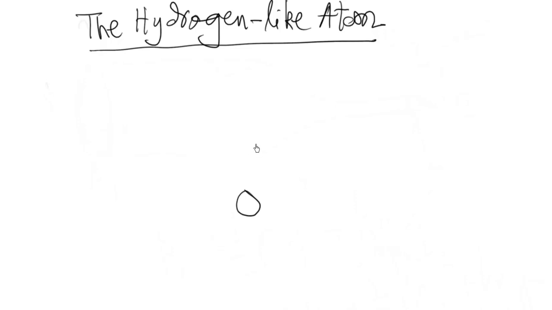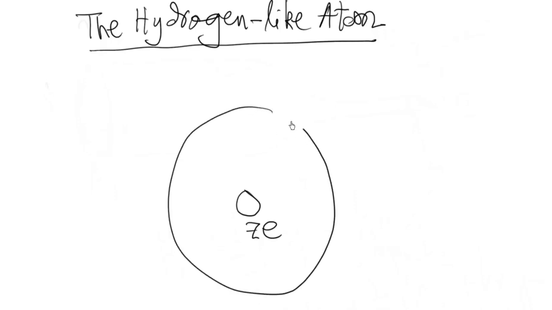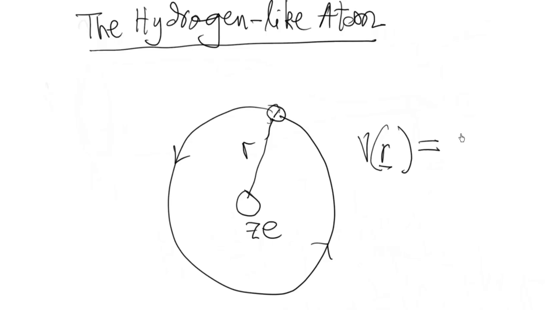This is the nucleus, and let us suppose that we have Z number of protons in the nucleus, and around this nucleus an electron is revolving. Let us suppose that the distance between the electron and the nucleus is small r, and the potential energy of the electron with respect to this nucleus is minus Z e squared divided by 4 pi epsilon naught r.